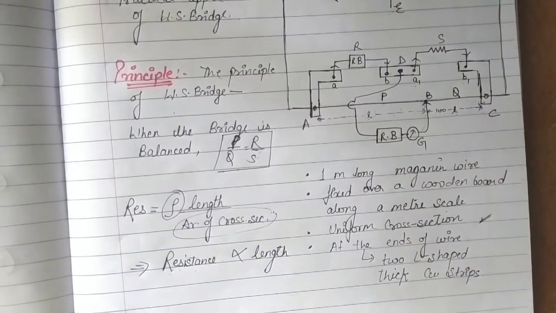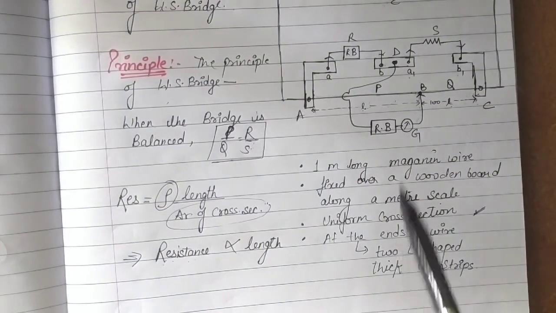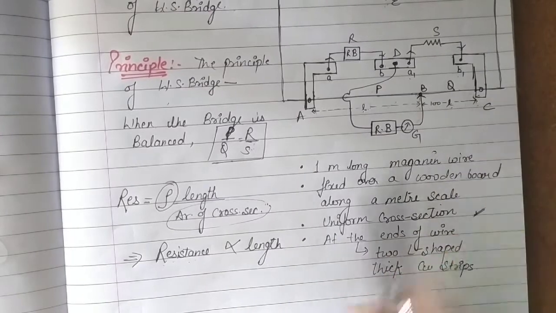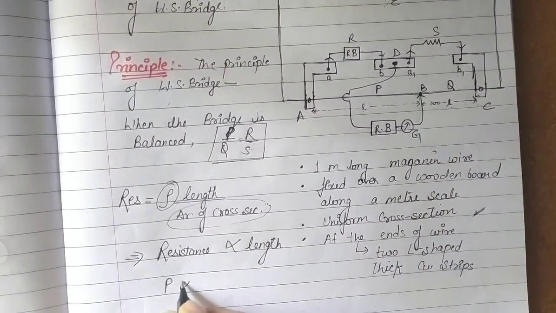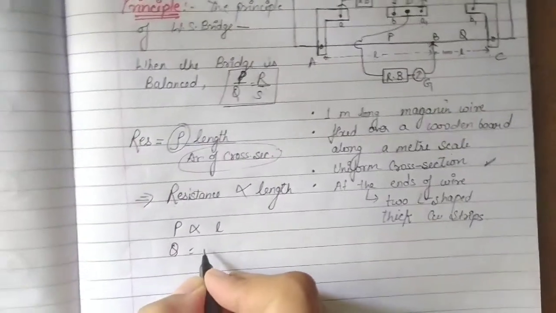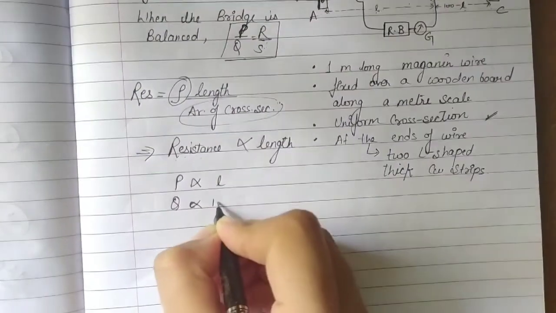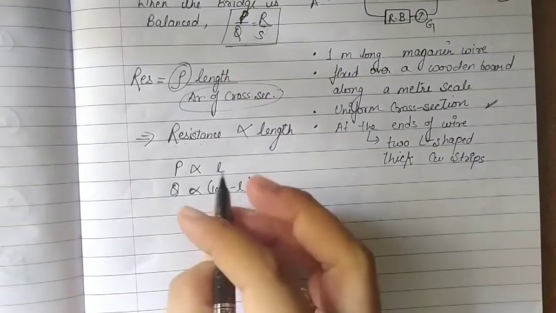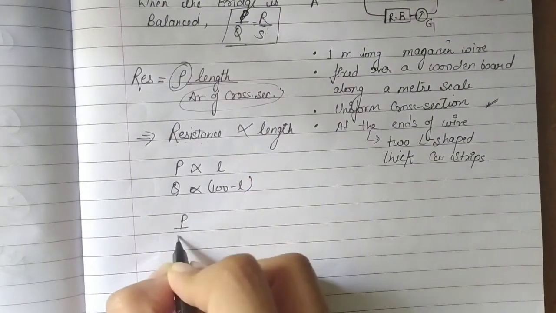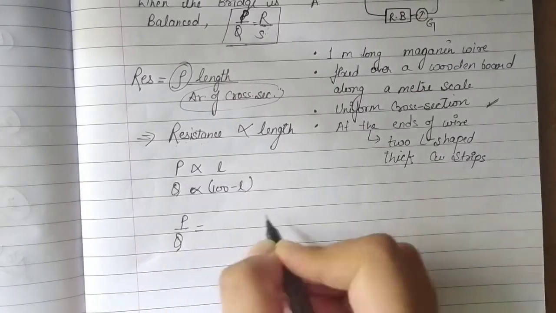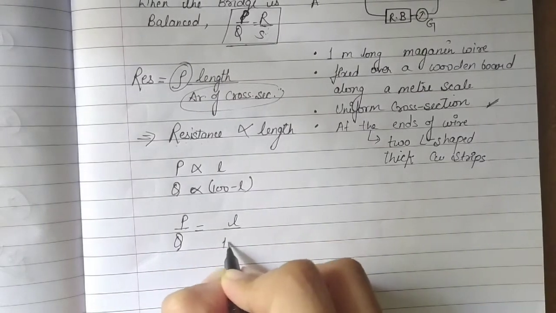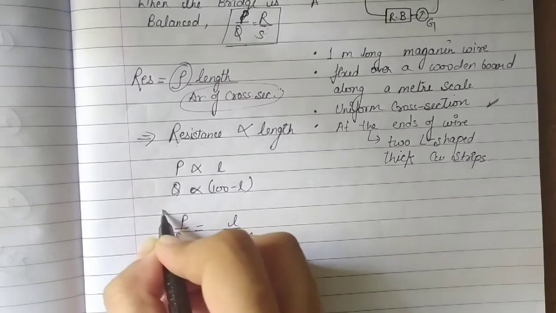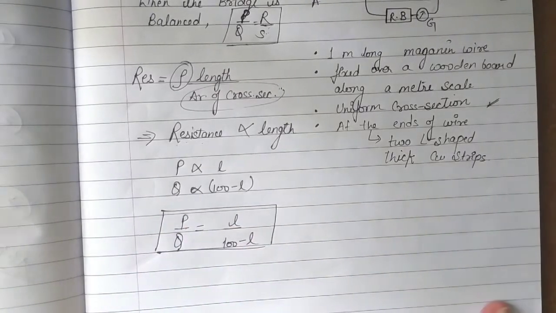So we can find the ratio of the resistances P and Q. P is proportional to length L and Q is proportional to length 100 minus L, not equals to but proportional to. So the ratio P upon Q will be equal to L upon 100 minus L. This is the ratio for P upon Q.